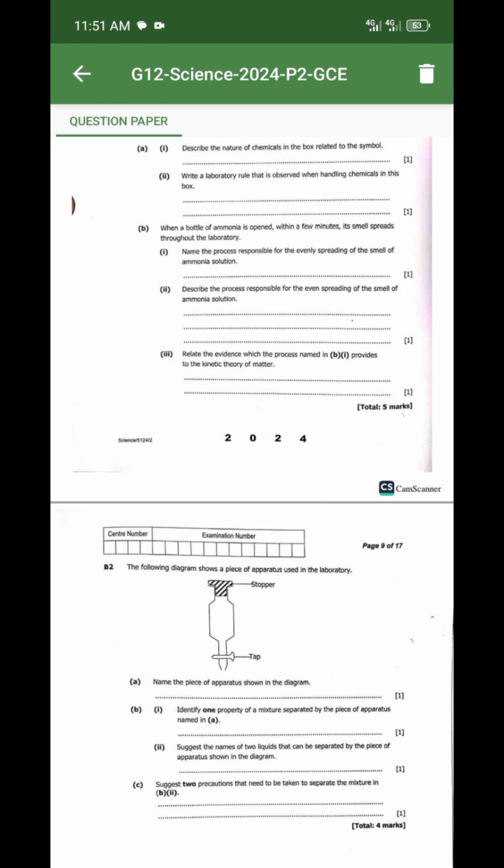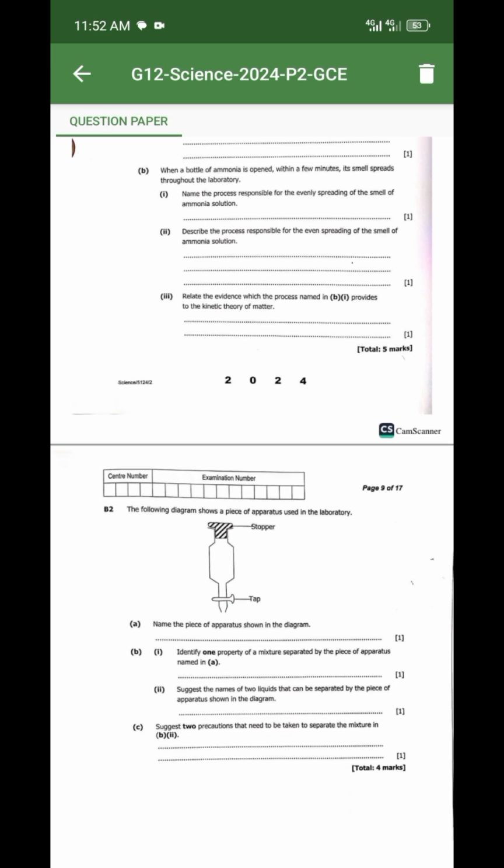So here you are just required to write Brownian motion, which is the zigzag movement of particles of a substance.